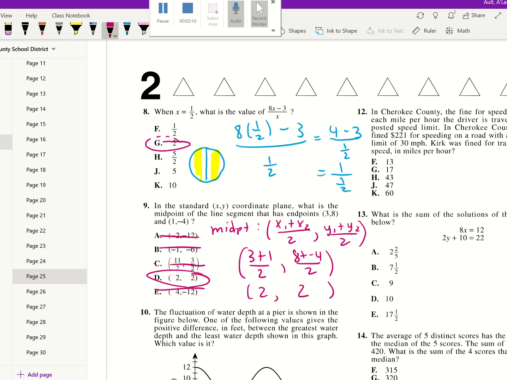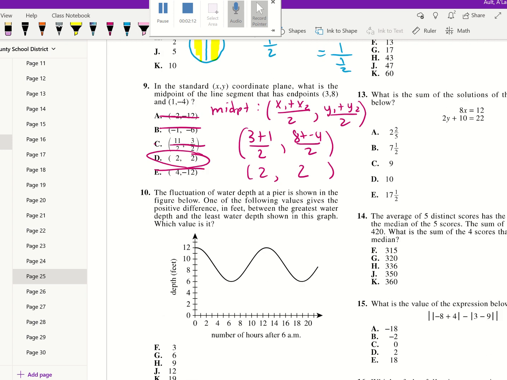Number 10, we are looking at this graph, and it shows the fluctuation of water depths. So different depths of water added here. And this is looking at the different times of the day, so it's changing with the tide. And we want to be able to find the difference. The operation for difference is subtracting, so we're going to be subtracting some values between the greatest water depth.